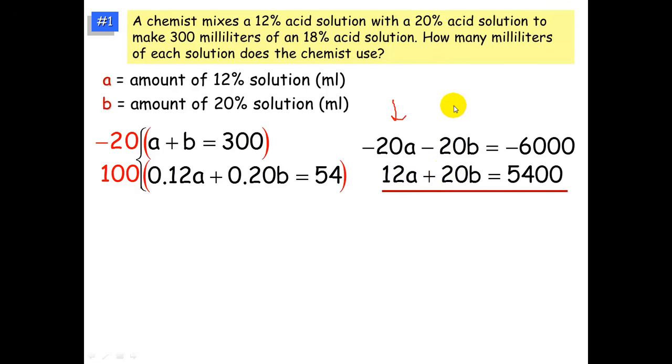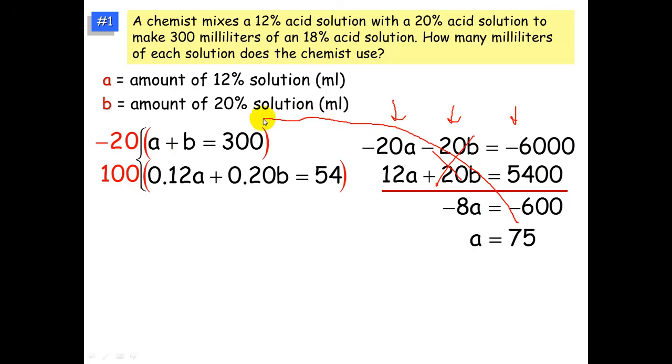And when we add vertically, the B's are eliminated. I get a negative 8A and a negative 600 here, divide by negative 8. Gives me A is 75. I can plug this back into our original equation 1 and get B is 225.